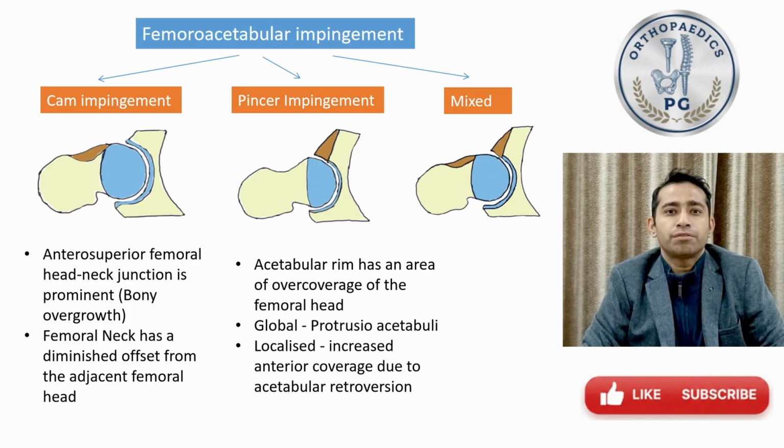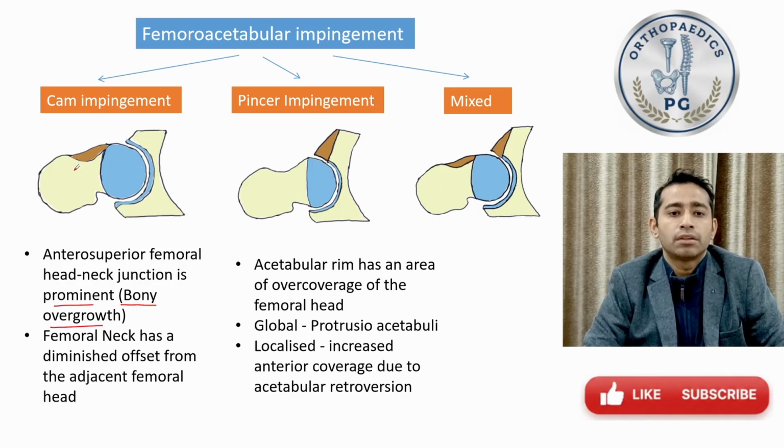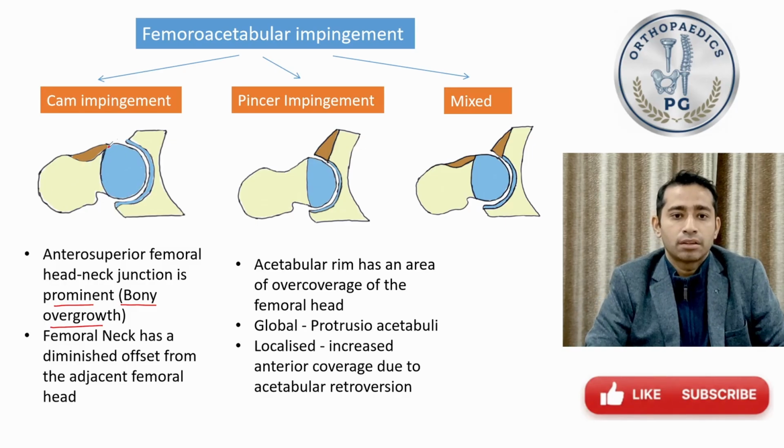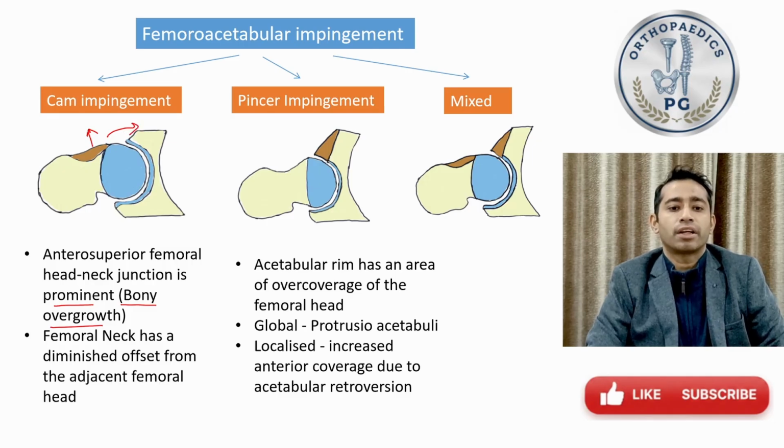Coming to the types of femoroacetabular impingement. The types are cam impingement, pincer impingement, and a mixed type. So what is cam impingement? In cam impingement, there is a bony overgrowth or prominence of the anterosuperior part of the femoral neck, leading to contact between the femoral head neck junction and the acetabulum during functional range of motion, especially in flexion and internal rotation.